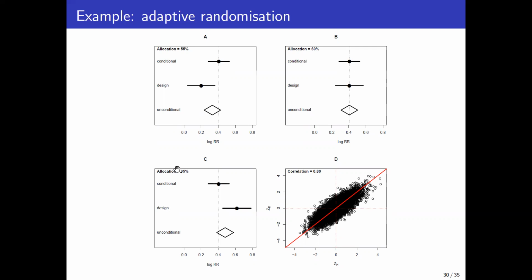Whereas at the two extremes, where we have less than the typical value, 55%, or greater than the typical value, 65%, we get some discrepancy emerging in opposite directions between the conditional and the design information. Now, these are simulation results, but they do suggest the usefulness of a forest plot type of presentation.